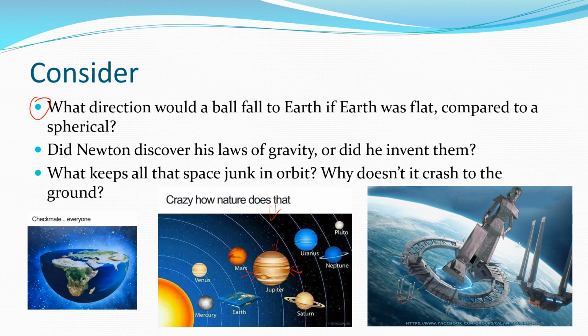But on a flat Earth, like this one down here, the ball wouldn't fall straight down like that. It would fall to the center of the Earth's mass, because balls don't fall down, they fall to the center of the mass. Okay, so on a flat Earth, if you're standing over here, a ball won't fall straight down, it would fall across to the center of the mass of the Earth.